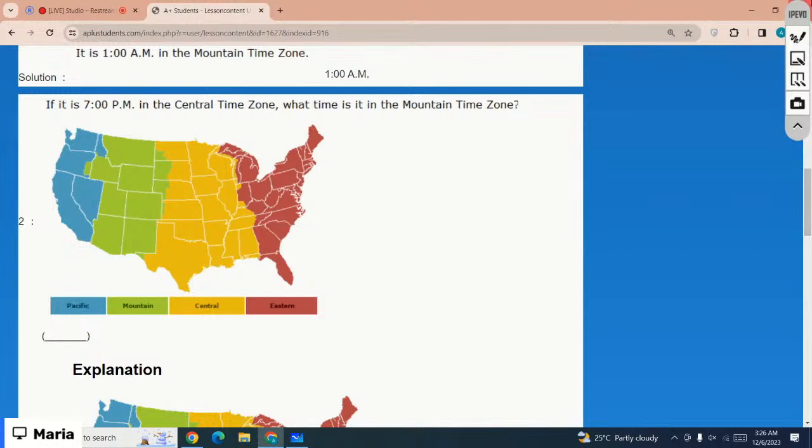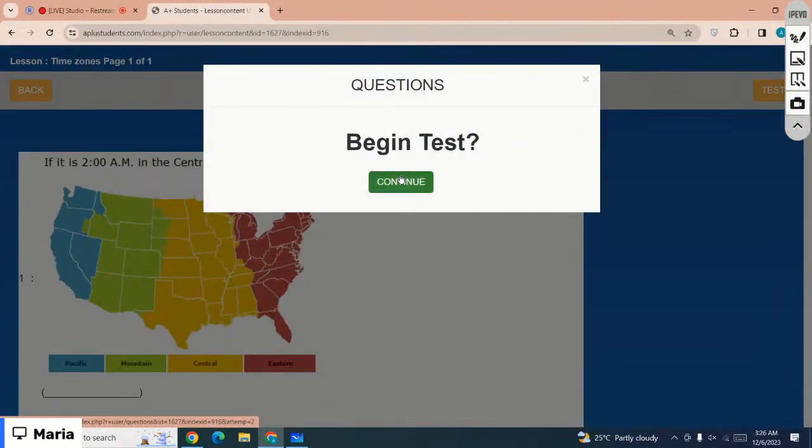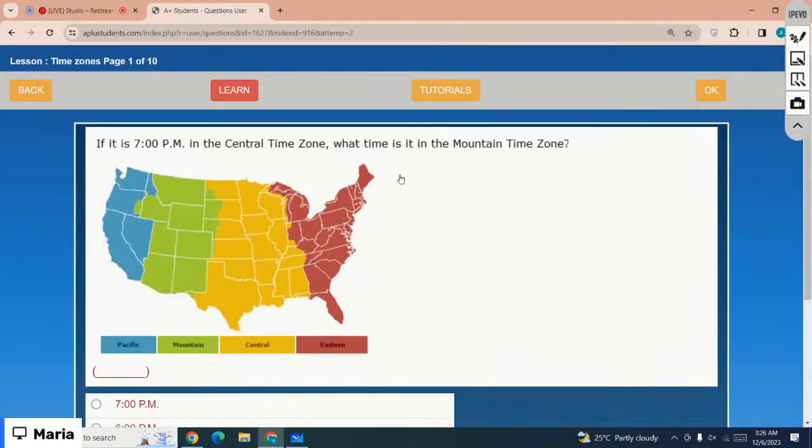Let's just start with the test questions. Okay, if it is 7 p.m. in the Central time zone, what time is it in the Mountain time zone? Which is the correct option?